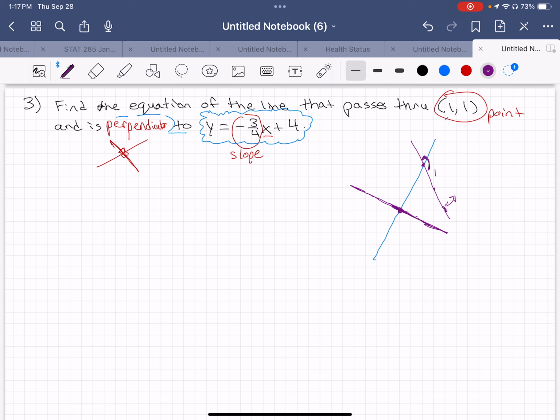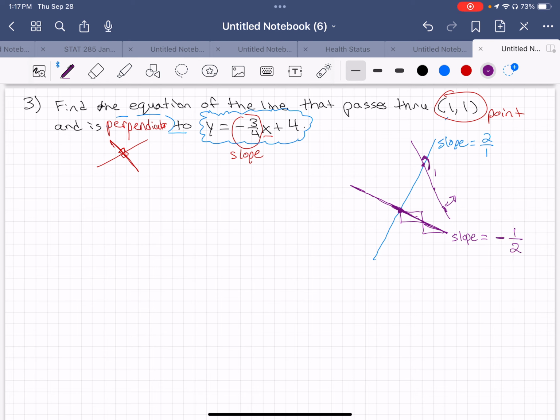We're going over 2, down 1, over 2, down 1. So here the blue line slope was 2 over 1. Our perpendicular line that worked, the slope equals negative 1 over 2.